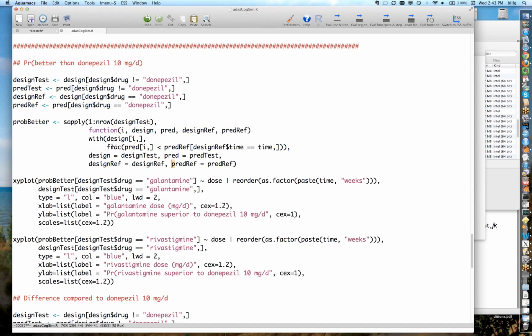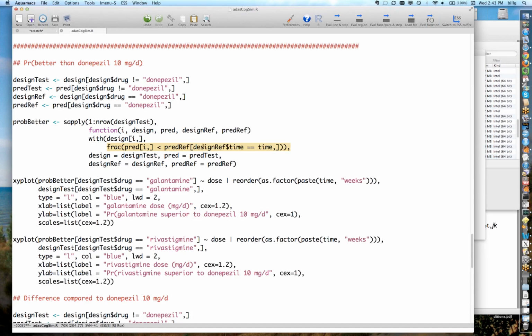row in our design matrix. I can go here and calculate what fraction of the time the predicted value for galantamine is less than the corresponding prediction for donepezil 10 milligrams per day.